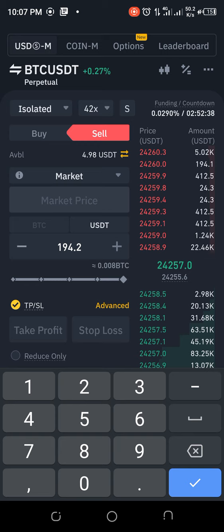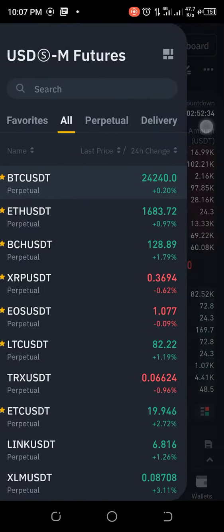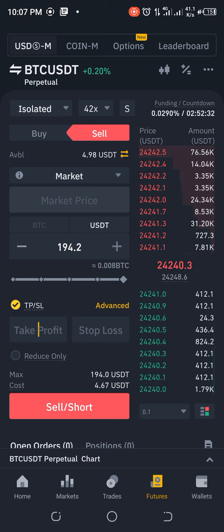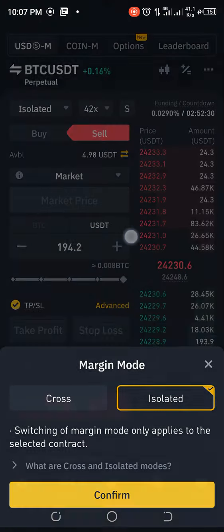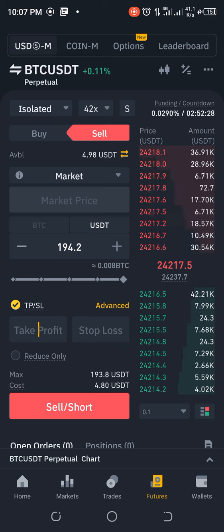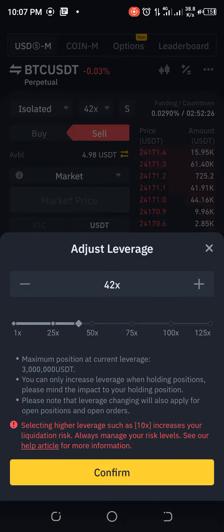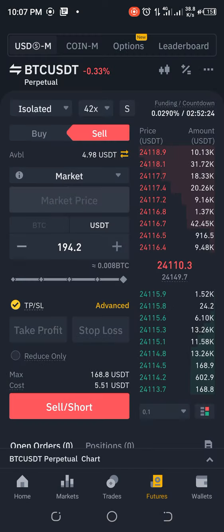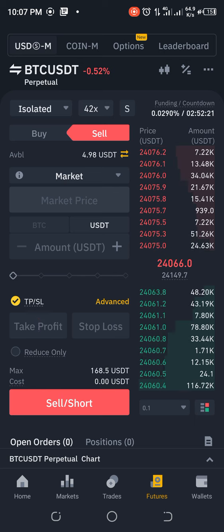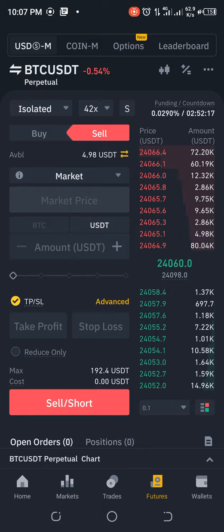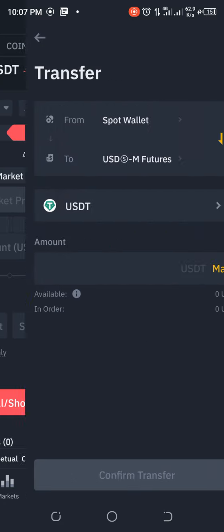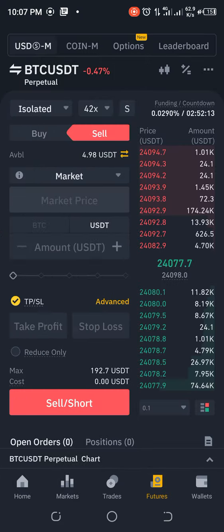After I've selected the trading pair, after I've clicked on the margin, either cross or isolated, after I've set my leverage, after I've clicked maybe buy or sell, which I told you sell is short and buy is long, after I funded my futures account, like I already told you.